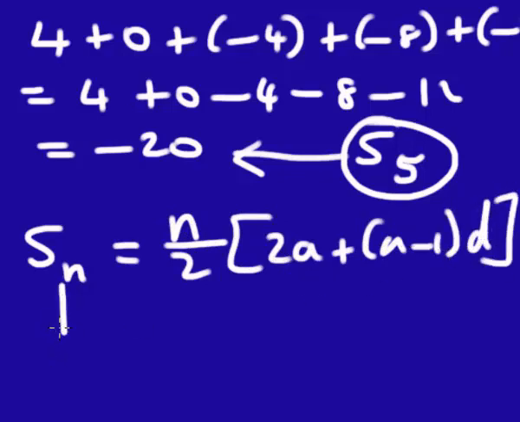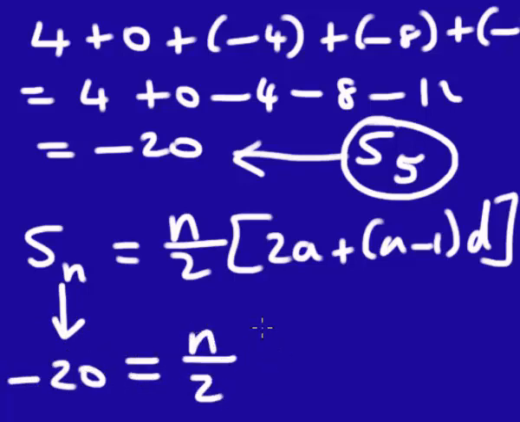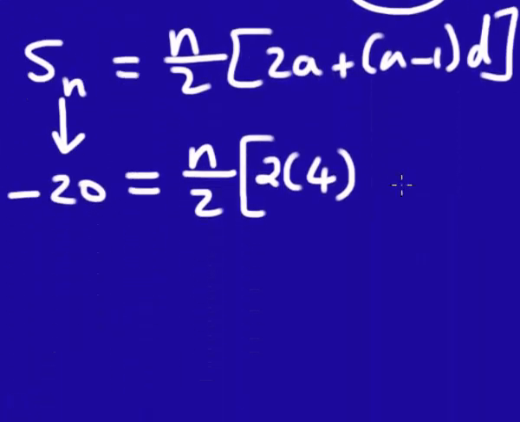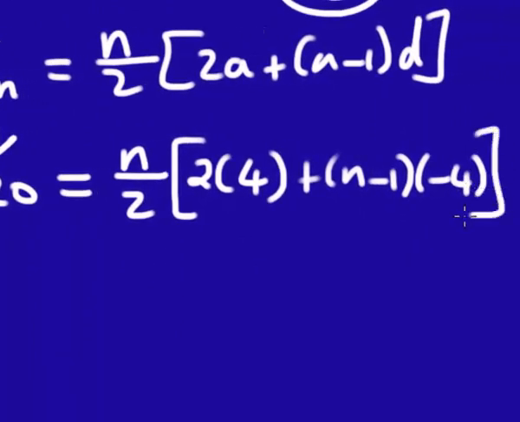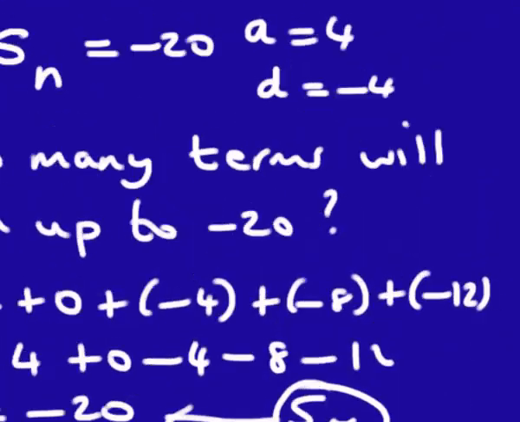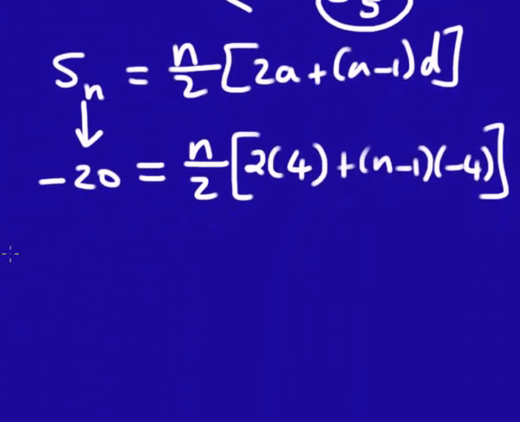So now we can use that formula. The sum is going to be negative 20, but we don't know what the n is, the number of terms. But we can say n over 2 into 2a, where a is 4, plus n minus 1, and the constant difference is going to be negative 4. We keep subtracting 4.